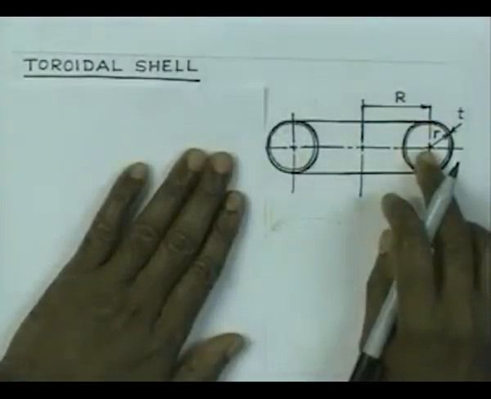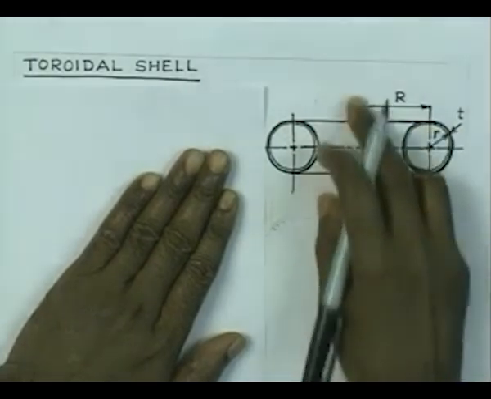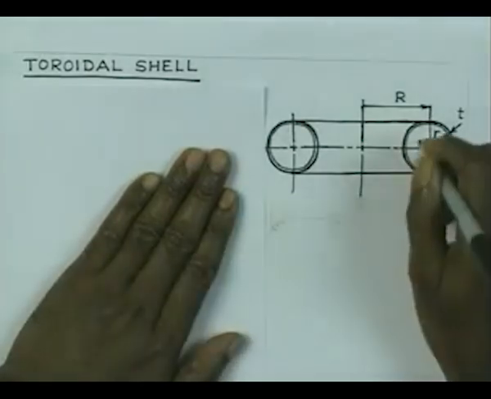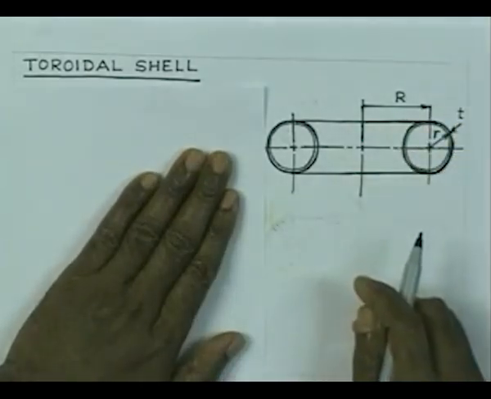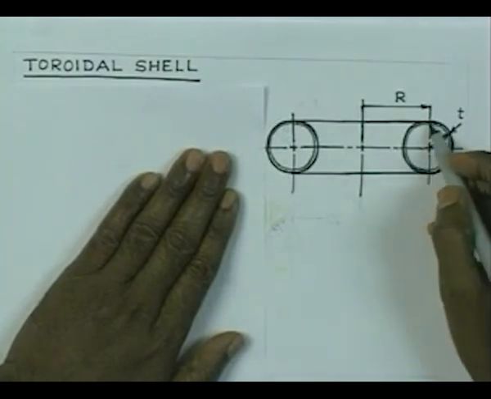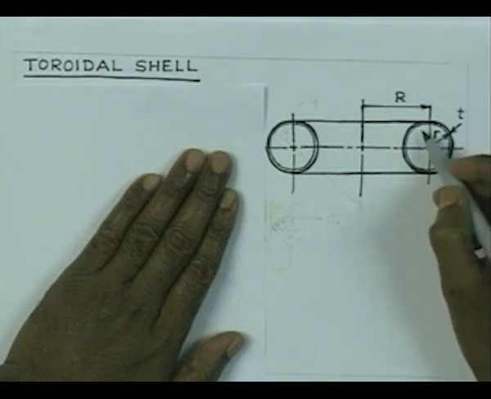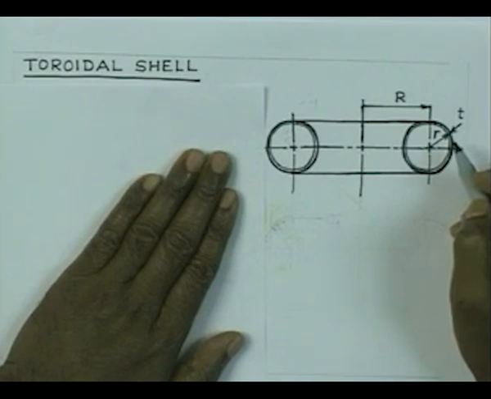As I said, this shell is generated by revolving this circle about the axis of symmetry. So, the circumferential stress is going to be acting perpendicular to the plane of the paper. If you consider the equilibrium in the circumferential direction, you will have pi r square into P as the load due to the fluid pressure, which is counterbalanced by the stresses acting over this metallic area, which is 2 pi r into T, into sigma 2, the stress.